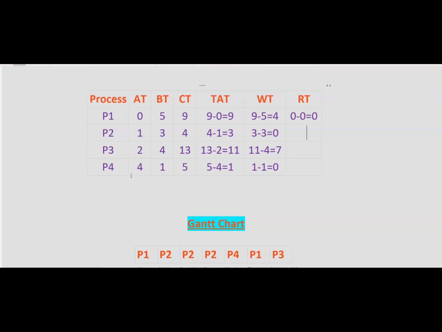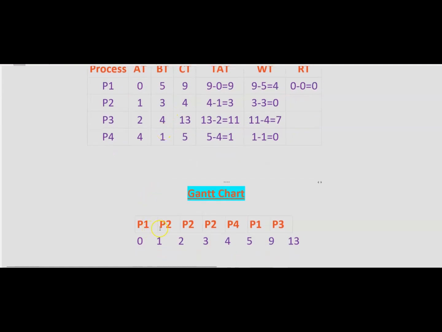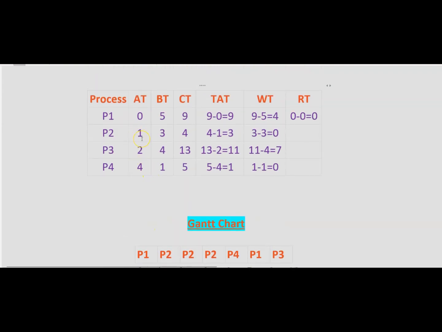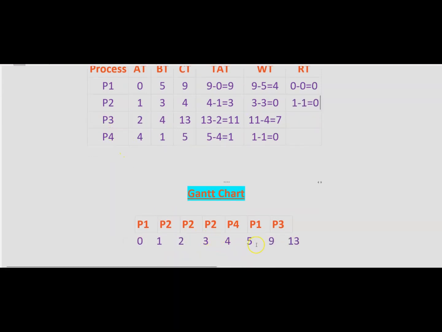Okay, for P2 again we can check through the Gantt chart. P2 got the CPU at time 1. What is the arrival time? That is 1. So 1 minus 1 is equal to 0. Similarly for P3, P3 got the CPU at 9. What is the arrival time?